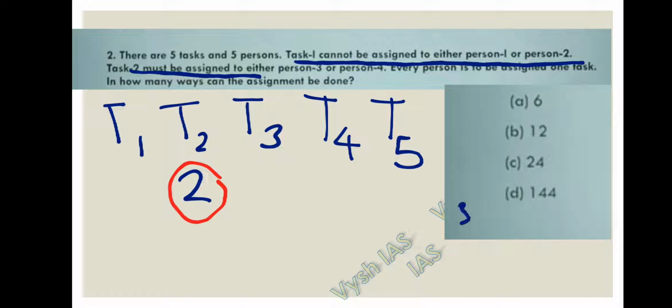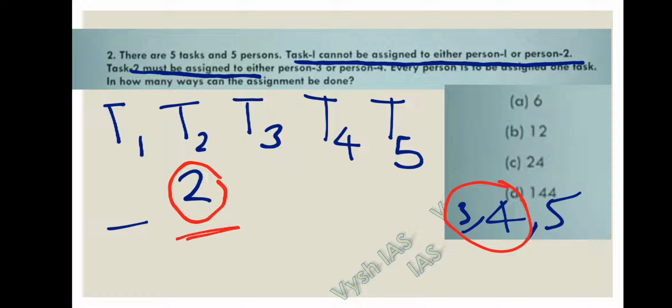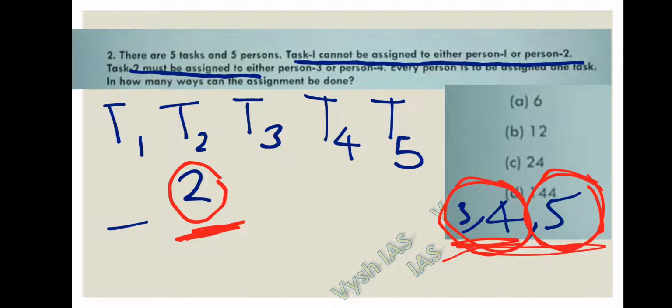So person 3, person 4 and person 5 can participate in task 1. But from among 3 and 4, one person is already given to task 2. So one person will remain from 3 or 4, and one person, that is 5. So there are 2 persons possible in the case of task 1. So task 1 is also 2.